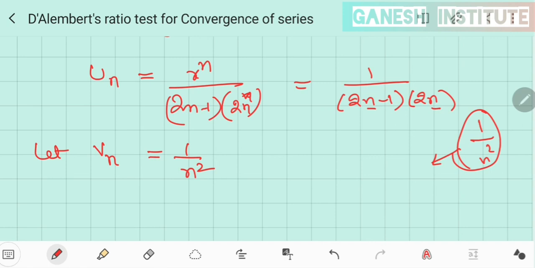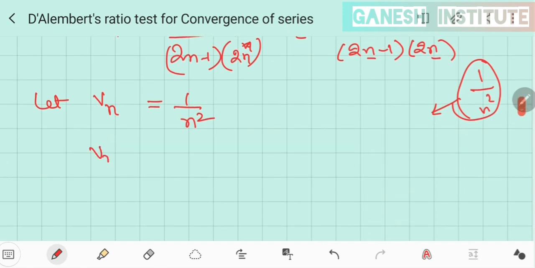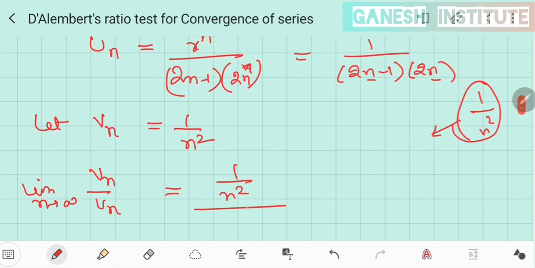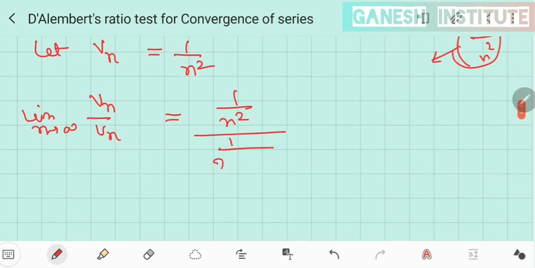So you can write it as limit n tends to infinity vn by un. So vn is your 1 by n square, un is your 1 by 2n minus 1 2n.